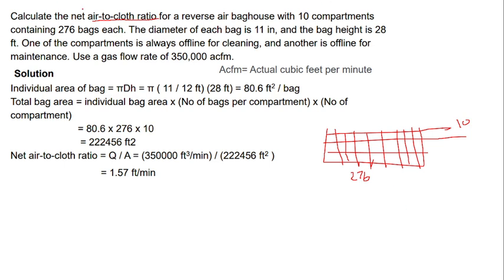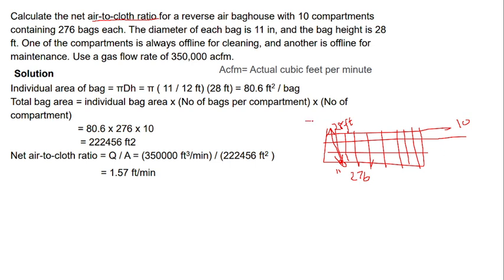They are asking for the air to cloth ratio. The diameter of the bag is 11 inches and the height of the bag is given as 28 feet. So we need to convert everything to a single unit before using it.